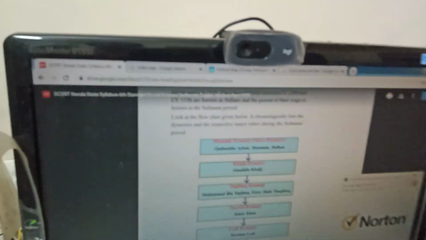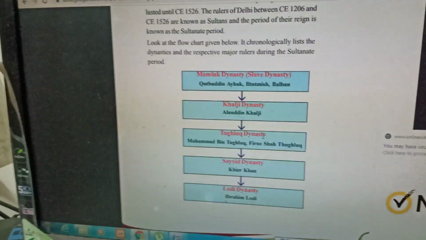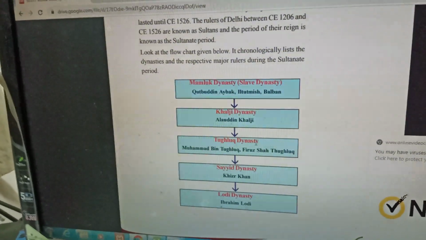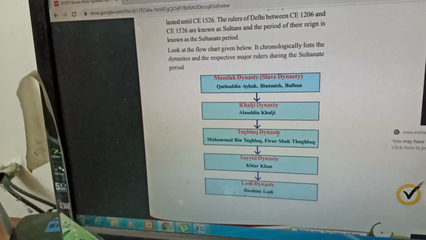Now, we can look into the flowchart. The first dynasty was the Mamluk dynasty or slave dynasty.